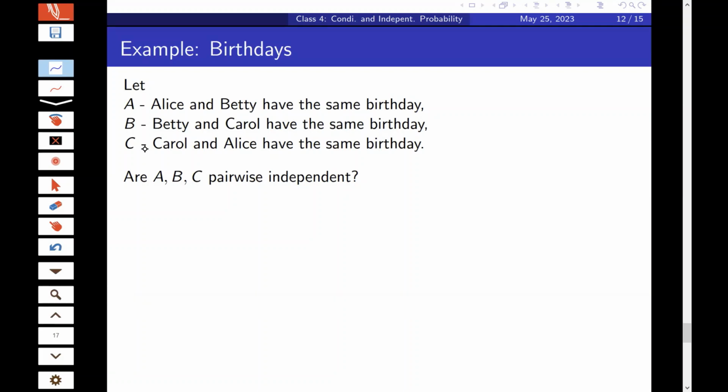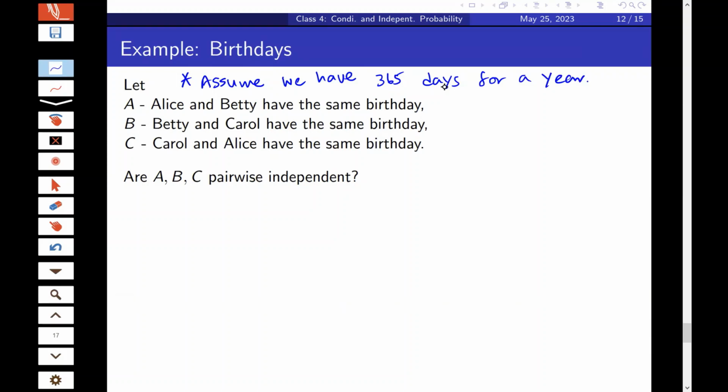Before starting this question, I will assume, for simplicity, 365 days per year, so we are not going to consider leap years.